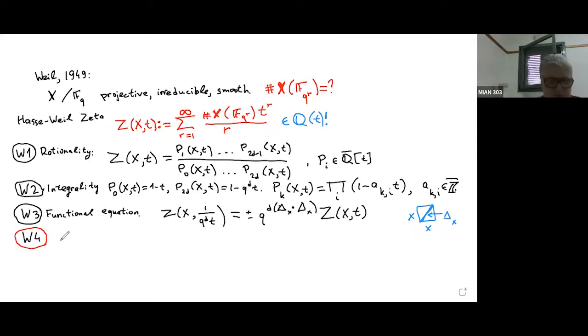So the formulation is quite straightforward. It tells something about the absolute value of the roots. So here I use the notation for gamma being the absolute Galois group.